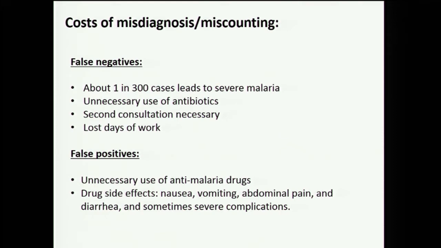at stake here too. Then false positives is the unnecessary use of anti-malaria drugs. If you give a person drugs and the person doesn't have malaria, he may suffer from the side effects, which can also cause severe complications.